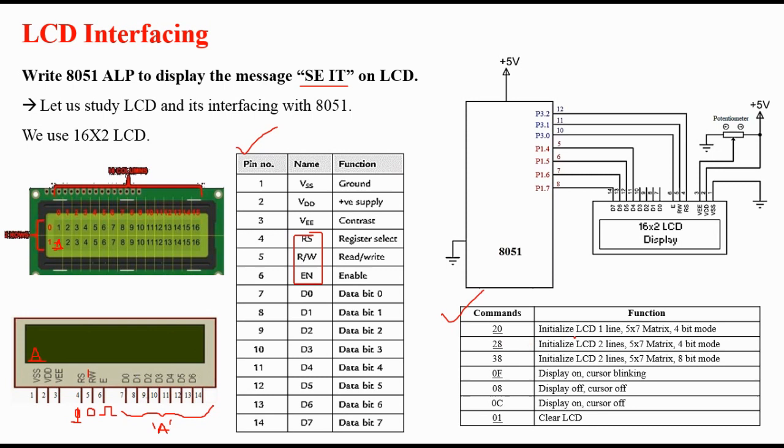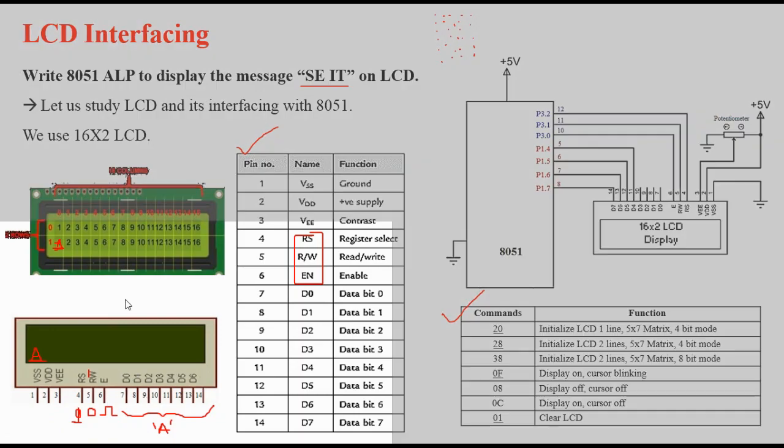You can see, to initialize the LCD: one line, 5x7 matrix, 4-bit mode. 5x7 matrix means there are 5 dots and 7 such dots, which form the matrix. It is filled in from inside.